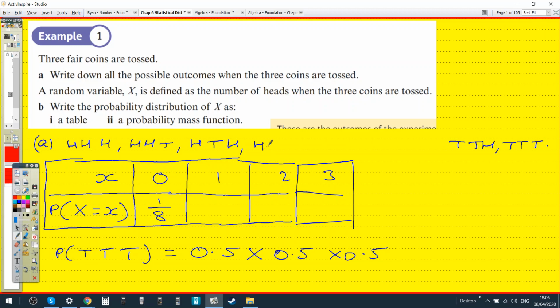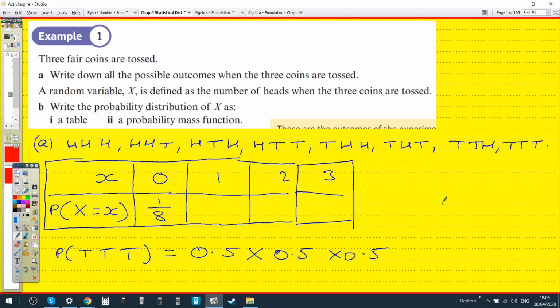So if it's once on heads, then you do 0.5 times. So I believe I've done it here. So heads, heads, heads, heads, heads, tails, heads, tails, heads, heads, tails, tails, tails, heads, heads, T, H, T, T, T, T, T, H, T, T, T.